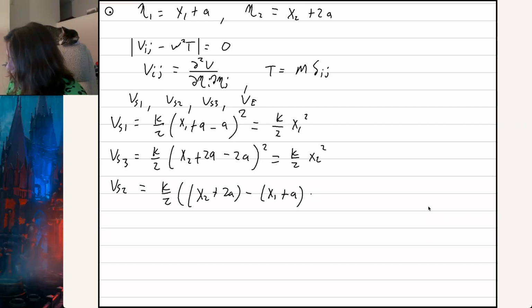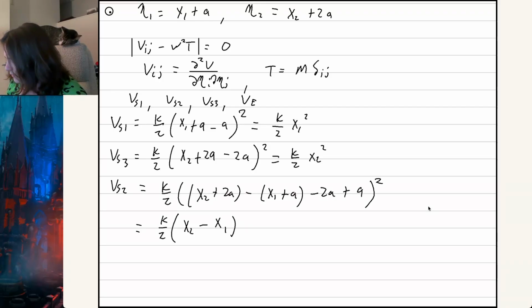So it's going to be minus 2a plus a. Hopefully you can see that all of those a terms cancel out. But what we're left with is k over 2 x2 minus x1 squared.